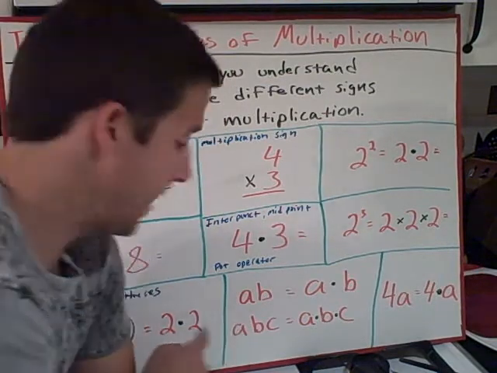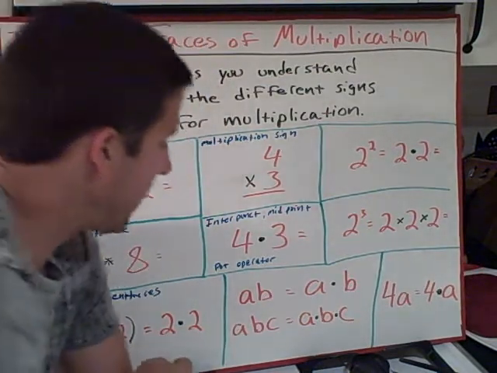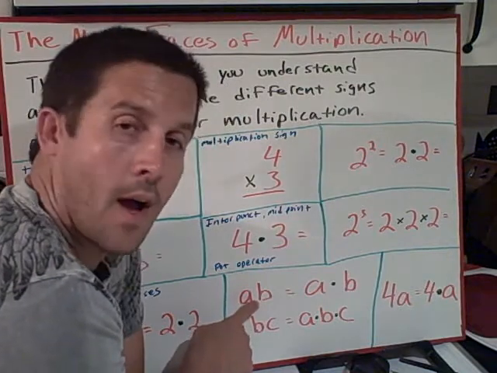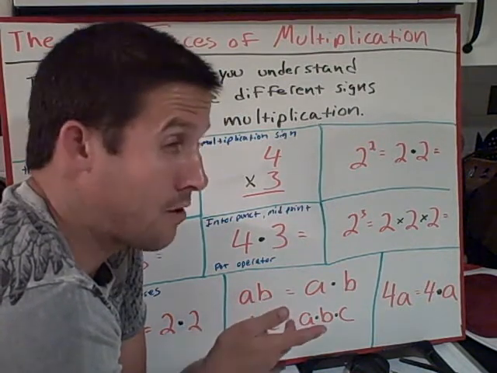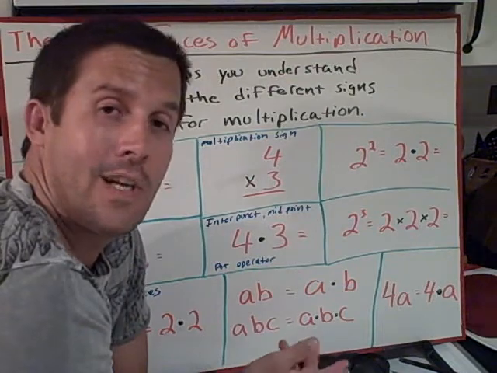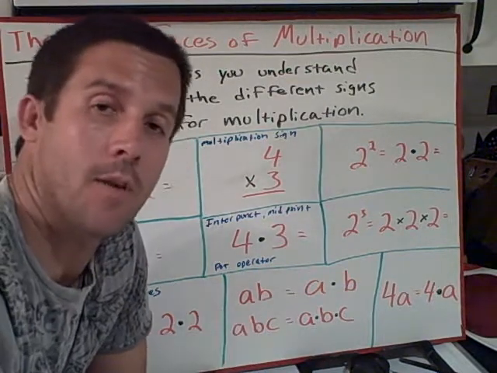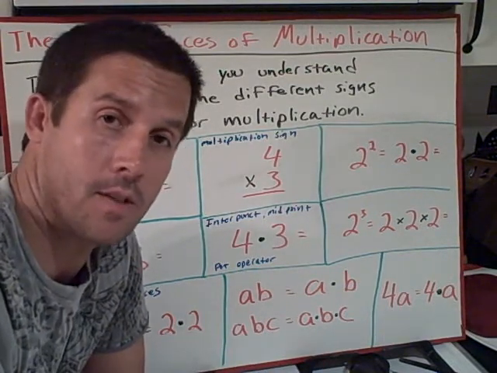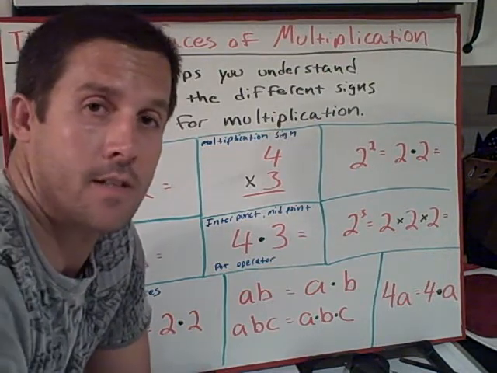Here we have variables. And much like the example over here with the parentheses with no sign, you would multiply these two letters, and you're saying, how do you multiply a letter? Well, letters usually stand for numbers. That's why we call them variables, because it could vary which number it is.